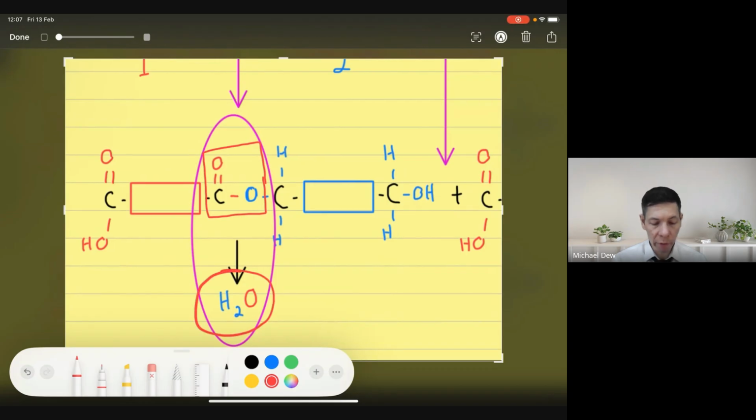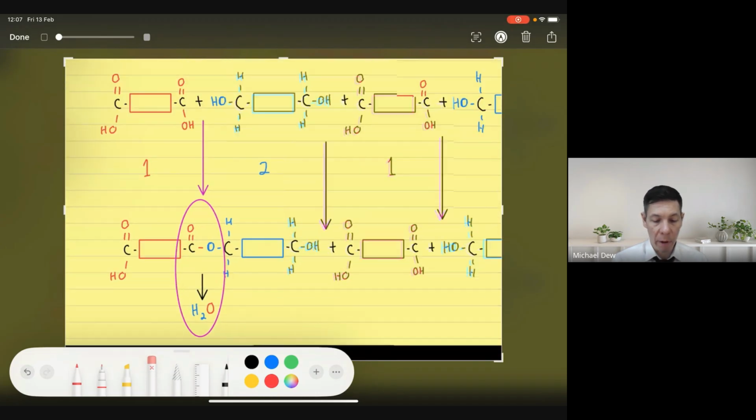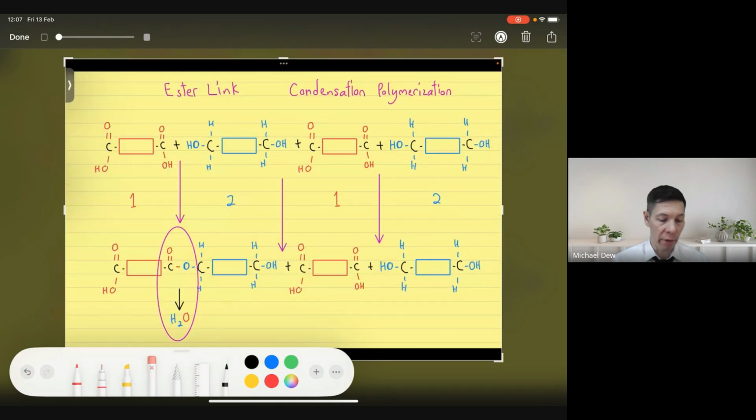Okay, so removing the water, again, dehydration synthesis or condensation, polymerization. And we say polymerization because we are making a polymer here because we have more than 2 or 3 monomers connected.